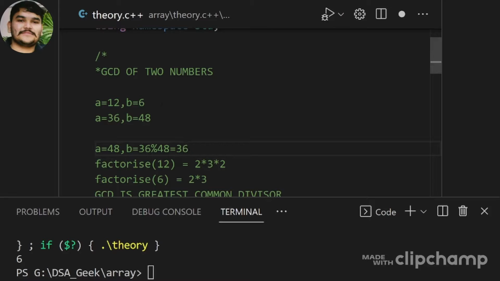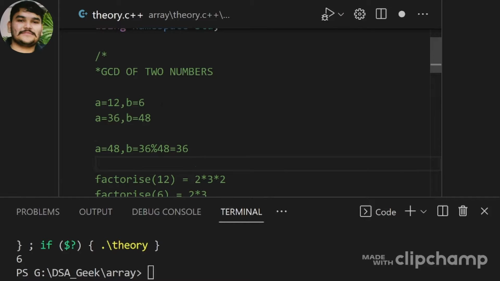So the remainder is 36. Again we call the GCD function recursively. So A is 36 and B is 48 mod 36. Let's calculate 48 mod 36.